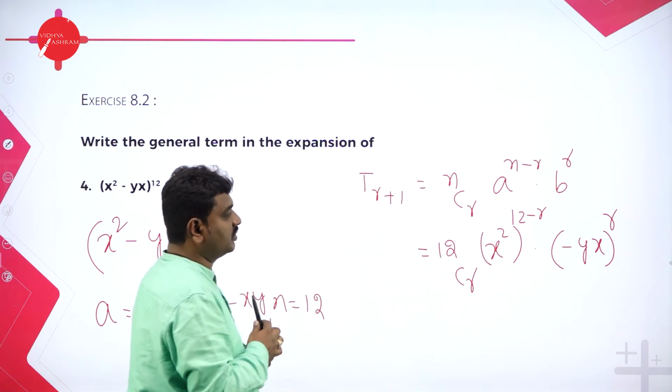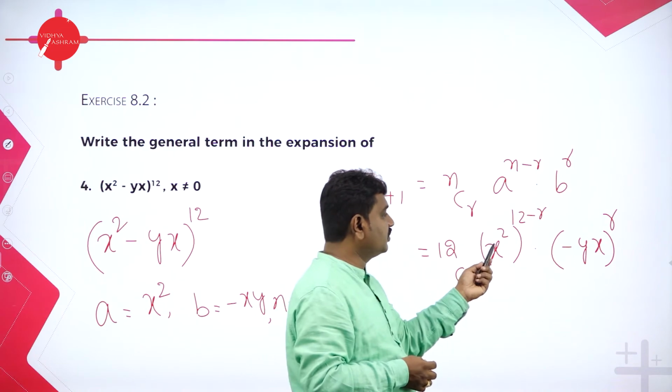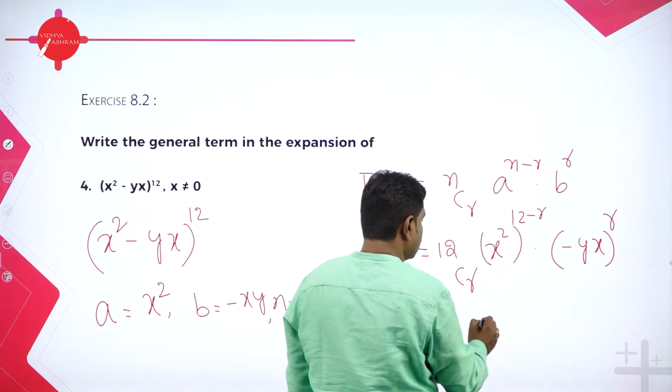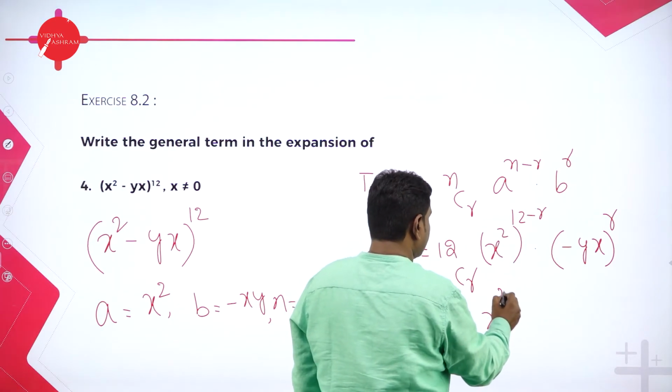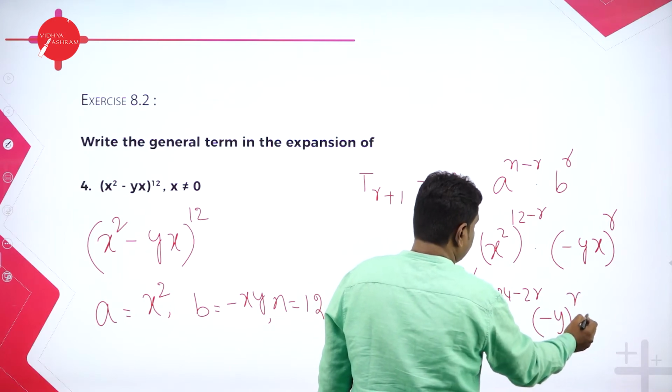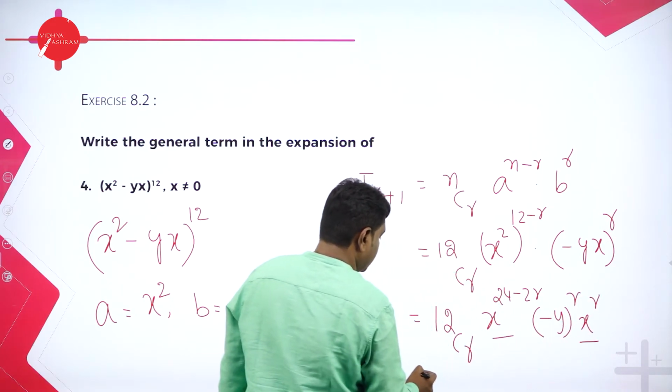So I hope all of you got this. Further, if you want, you can use the law of indices to simplify the x term, that is 12Cr x power 12 2s are 24 minus 2r, minus y power r, x power r. These two again you can use the law of indices.